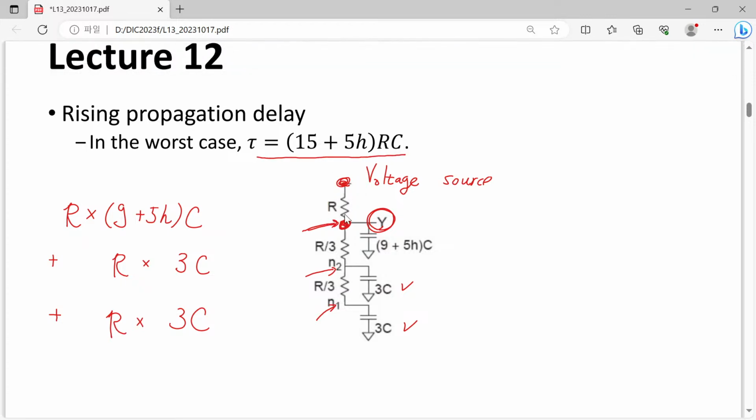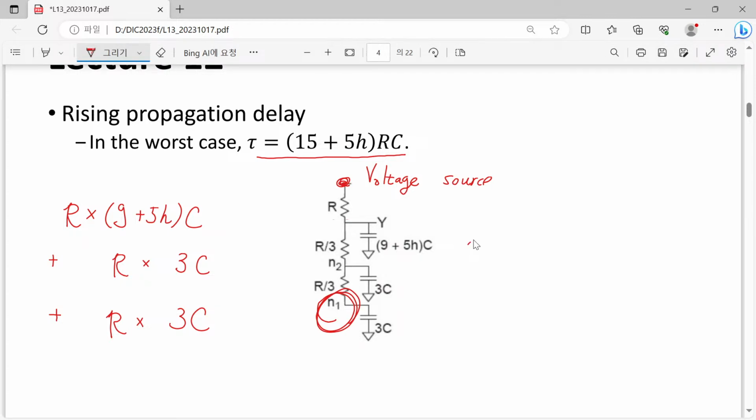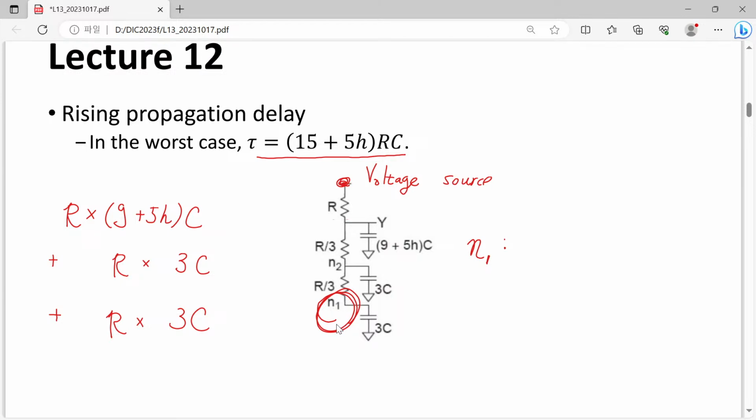Now I want to ask you one more question. If we are working with the charging of the N1 node as an output node, then what will happen?